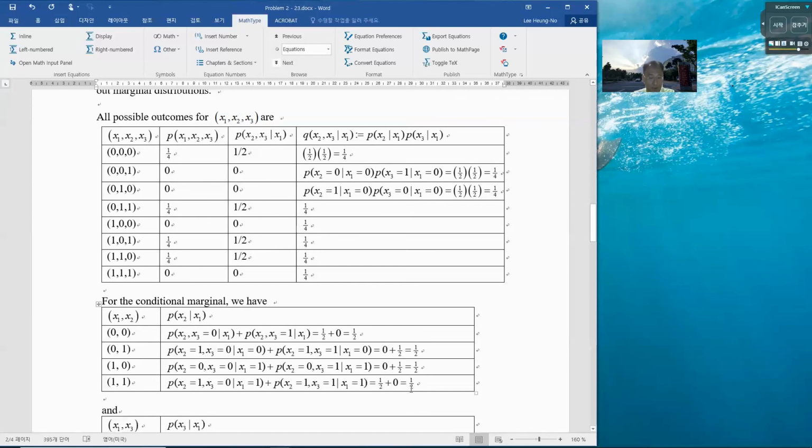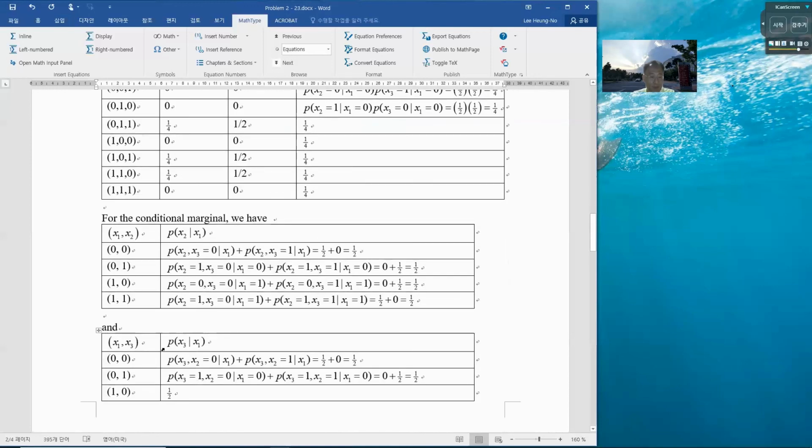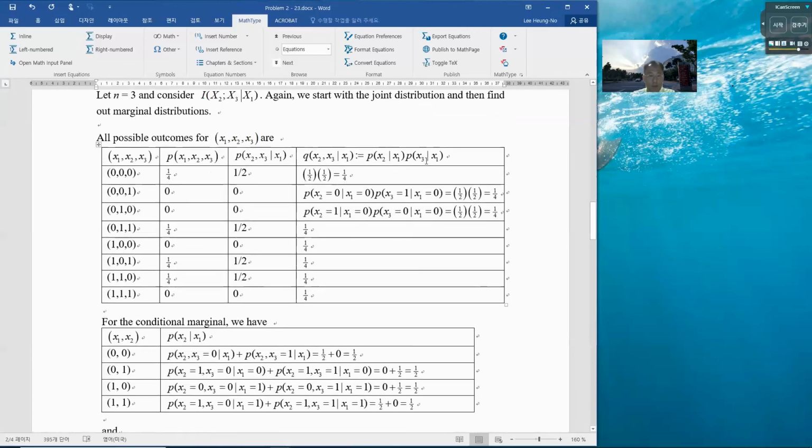All came out to be half, and that is for this case. So for each case, it is half all the time. And when you consider x3 given x1, the probability of such an event also came out to be half for all cases. So no matter which combination you have, each one is half. And the product distribution is just 1/4 for each case.